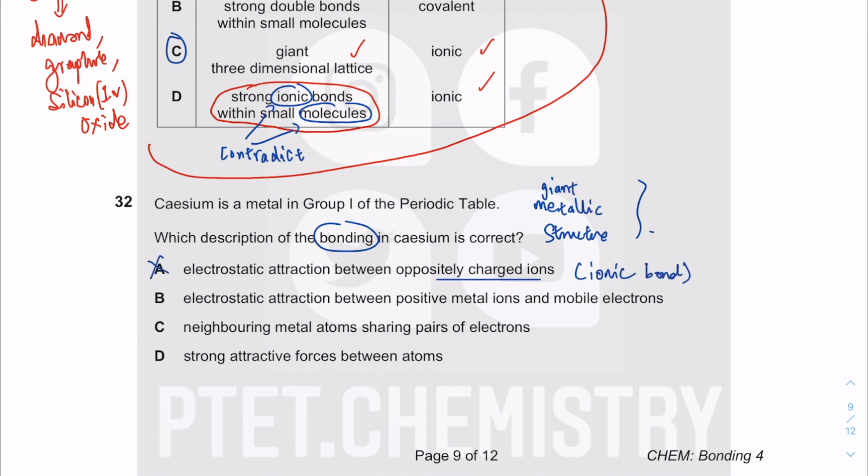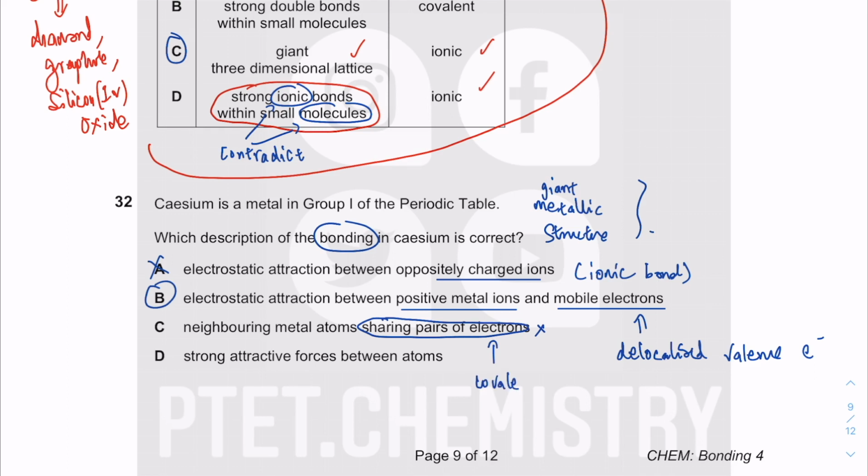So not A. It's between positive metal ions and the sea of delocalized valence electrons. You only delocalize the valence electrons, not all your electrons. So B is definitely the best answer. It's definitely not sharing a pair of electrons, because that is covalent bonding.